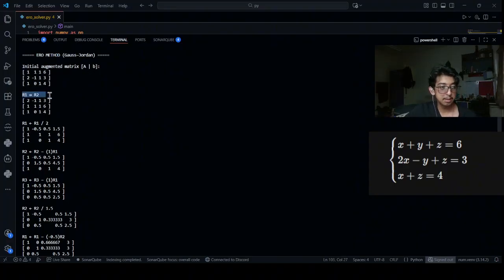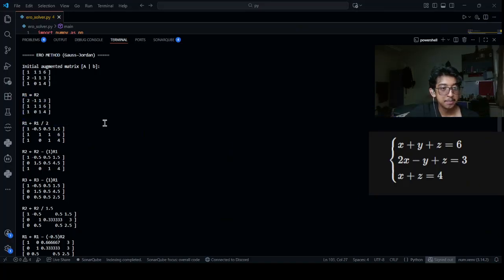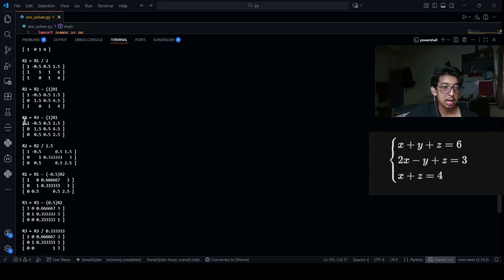The first step is to swap R1 and R2, changing their places. Next, we do the operation on R1, which is R1 divided by 2. Next, for R2, we do R2 minus R1 multiplied by 1. Next, R3 is R3 minus R1 multiplied by 1. As we can see here, row 1 is 1, 0, 0.